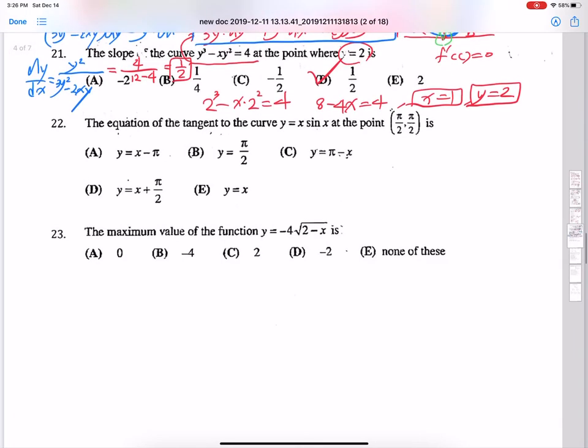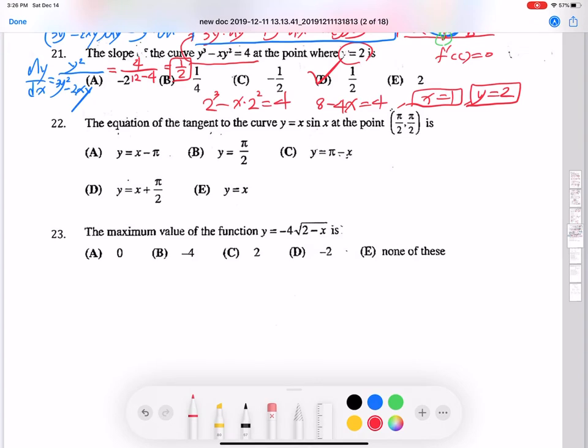Number 22. The equation of a tangent to the curve y equals x sine x at the point (pi over 2, pi over 2). Okay, equation of a tangent line. The point is already given, x value pi over 2, y value pi over 2, right? So we need just what? Slope. Slope is the derivative. So y prime is what? By the product rule, u prime 1 times sine x plus u v prime, x times cosine x, because sine x derivative is cosine x.